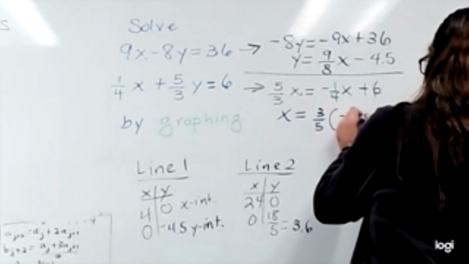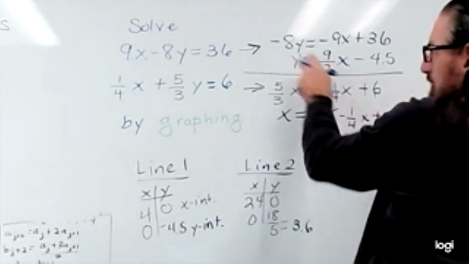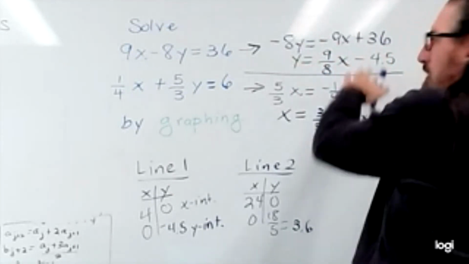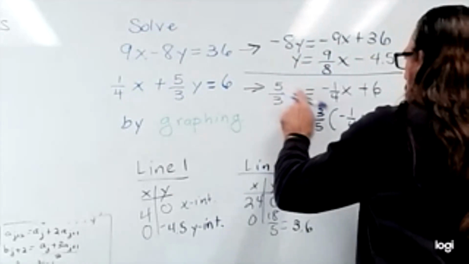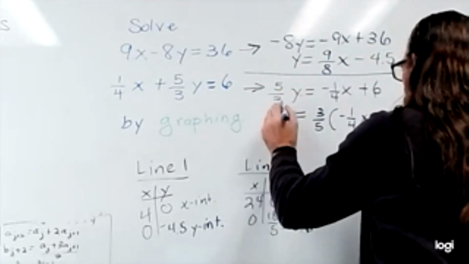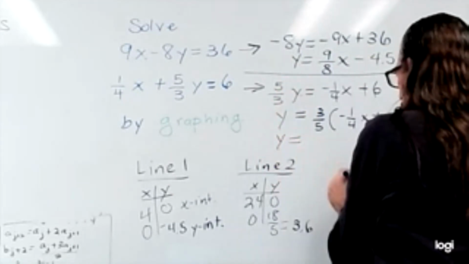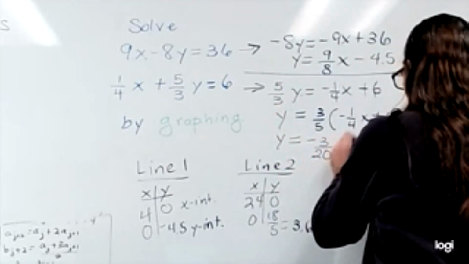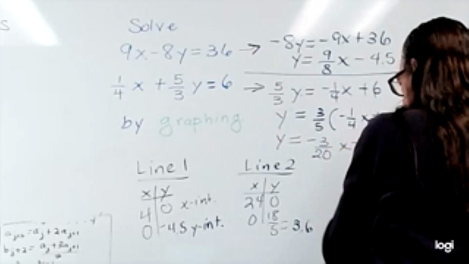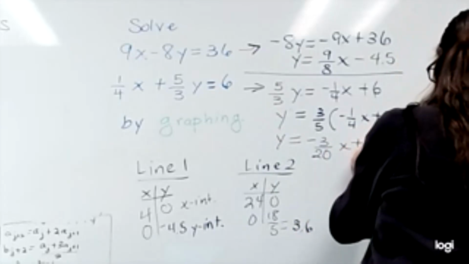I'm going to have to distribute that, just like I distributed the division by -8 up here. Oh, that's Y. Okay, so -3/20 x plus 18/5 or 3.6.